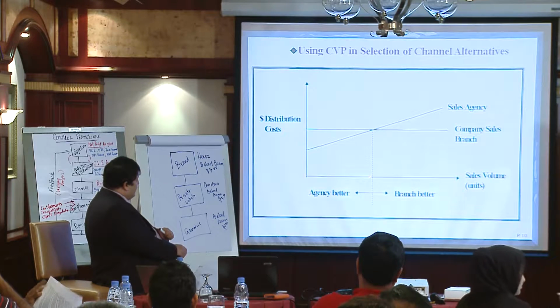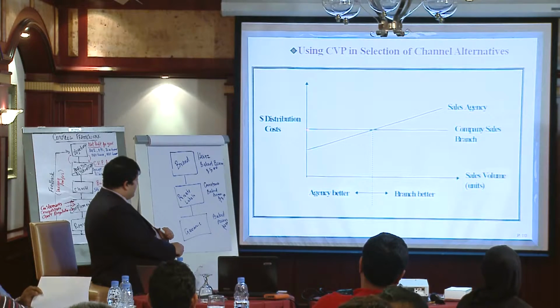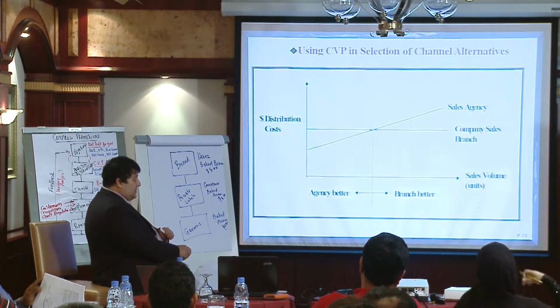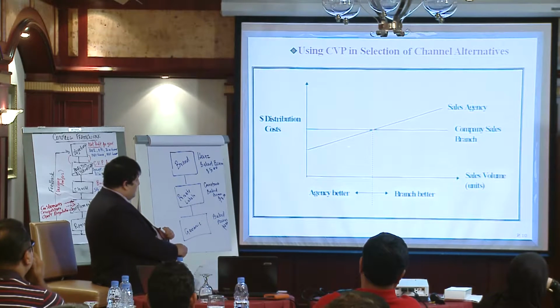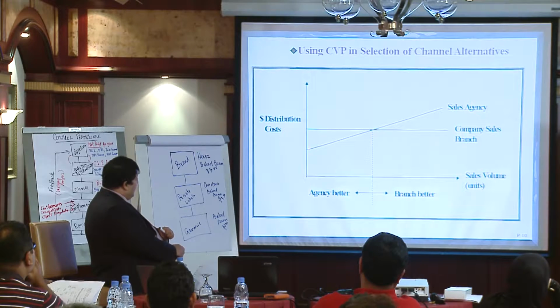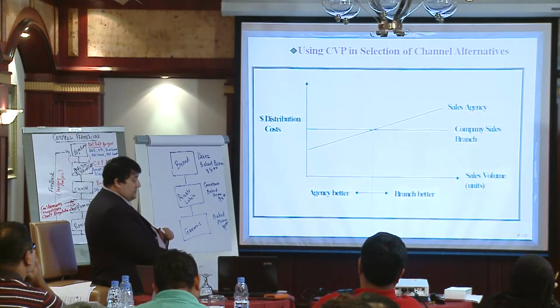If you have a branch, your fixed costs will be much higher, like rental and salaries and so on, but no commissions. So somewhere in between would be a break-even point. If your sales are going to be less than this point, agency has a lower cost. If your sales are going to be more than this point, a branch has a lower cost.